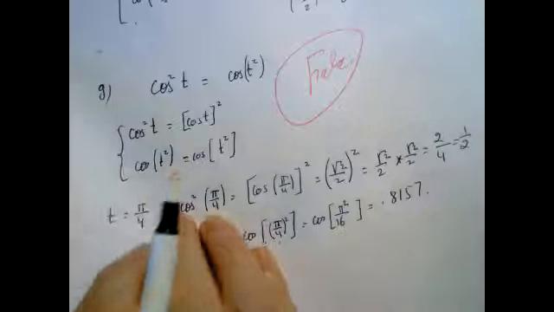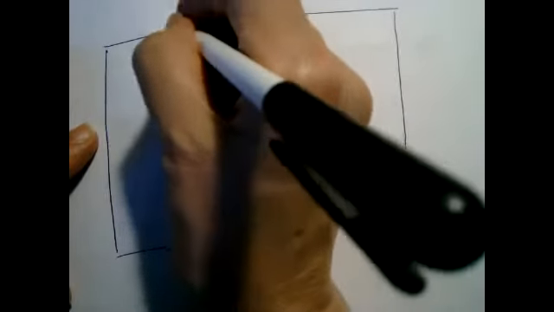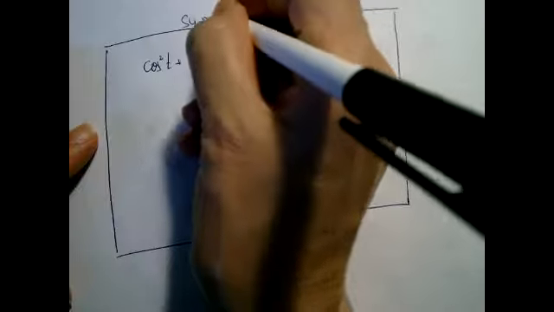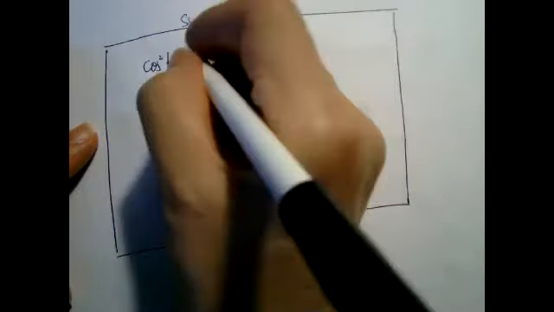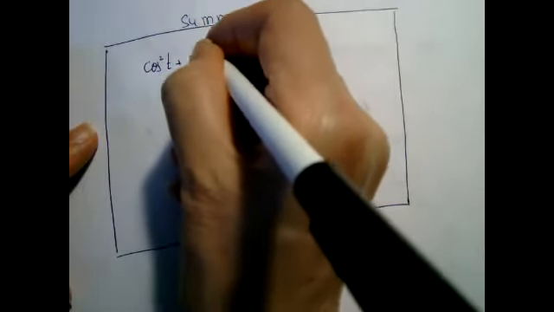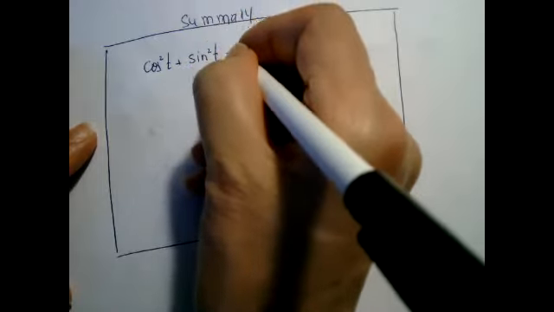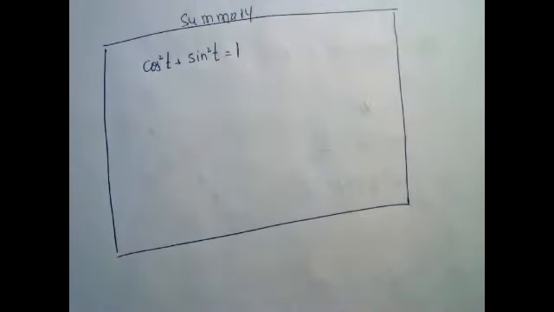Okay. Now, let us summarize a little bit what we saw as identities. The summary of the identities we saw so far: cosine squared plus sine squared equals 1. That's an identity because it's always true.